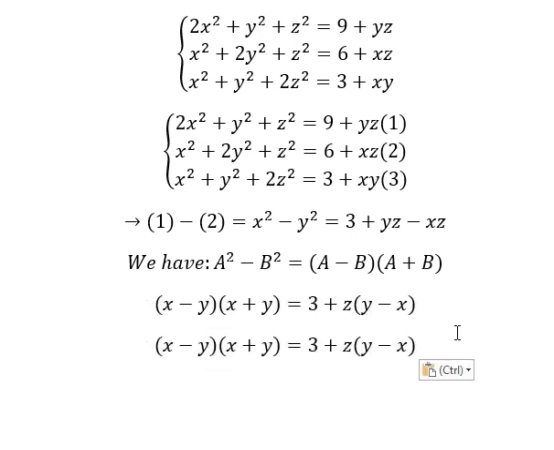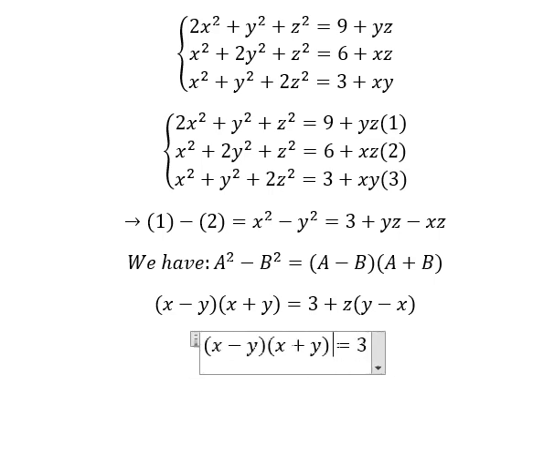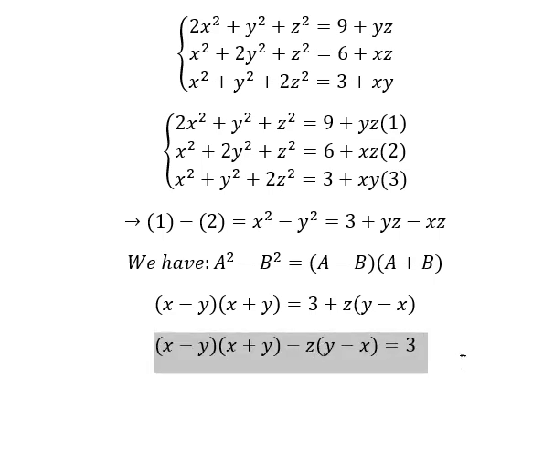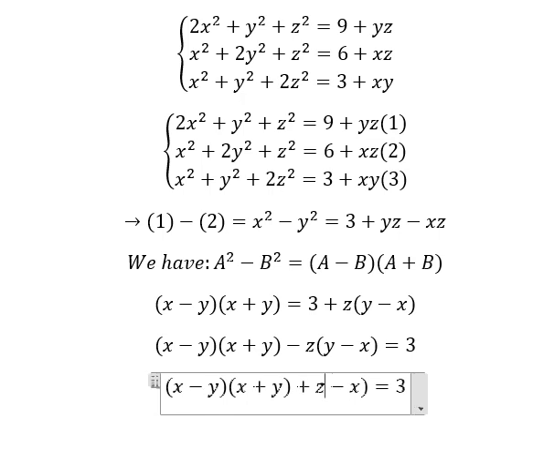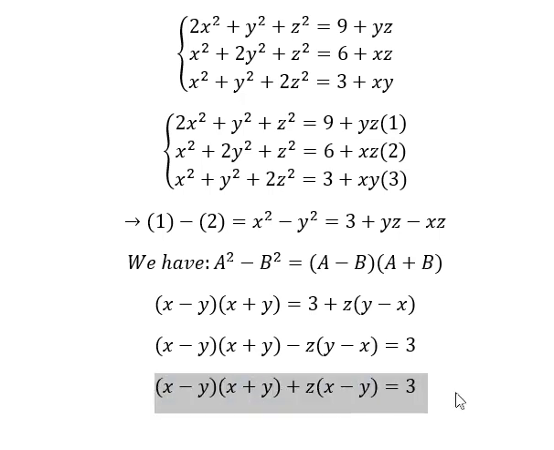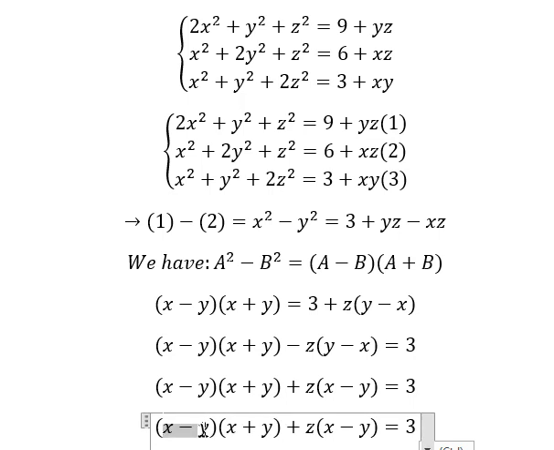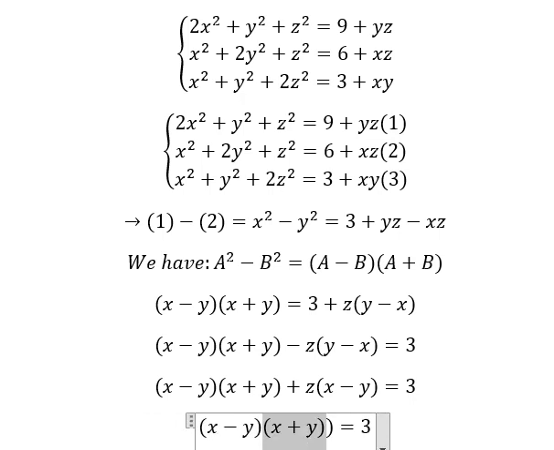Next, I will put this one to the left. Next, the negative will change the sign of this one. So we have s minus y. Later, we have s minus y, s minus y. We can do factorization. So we have it like this.